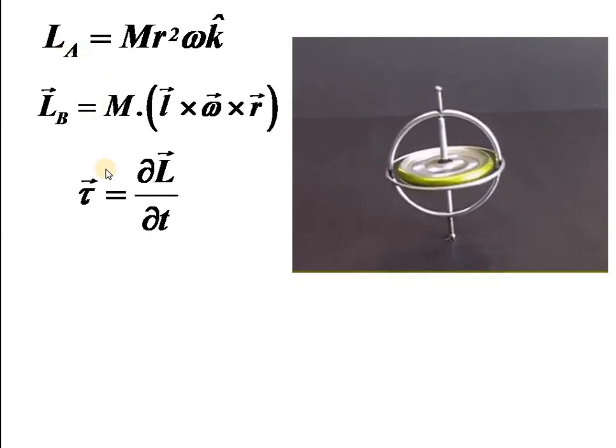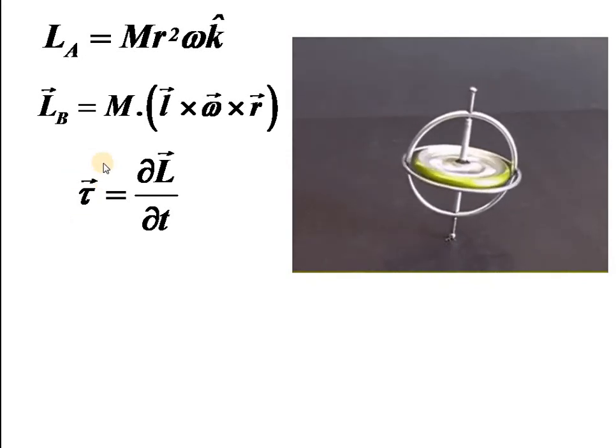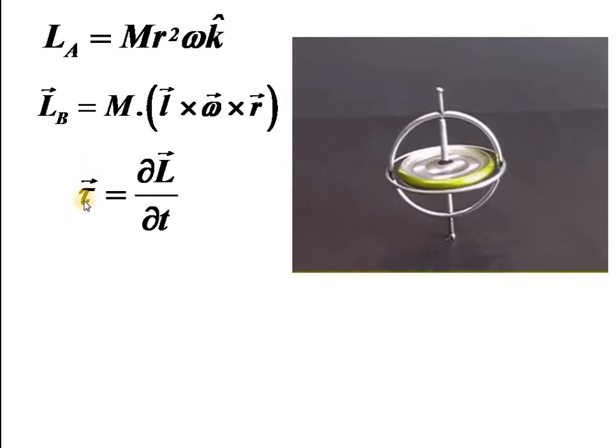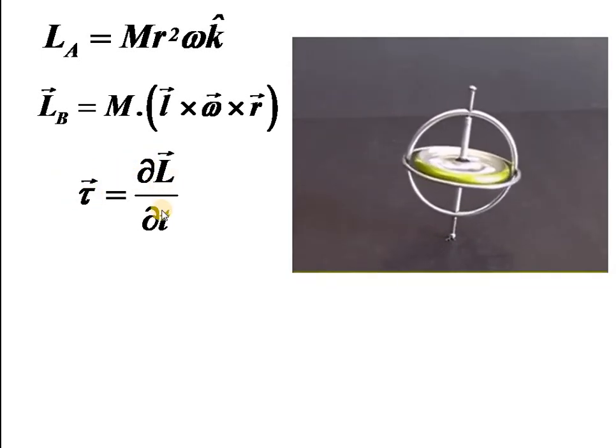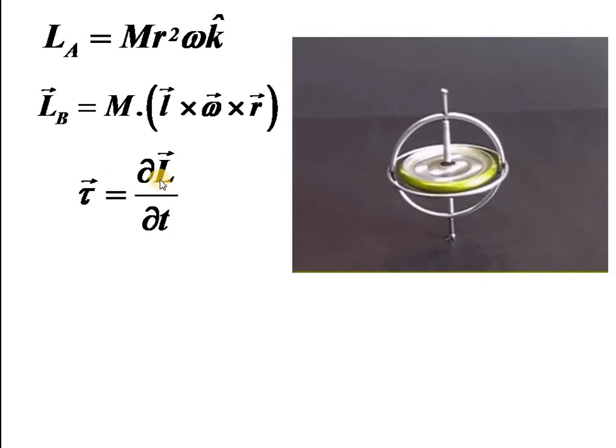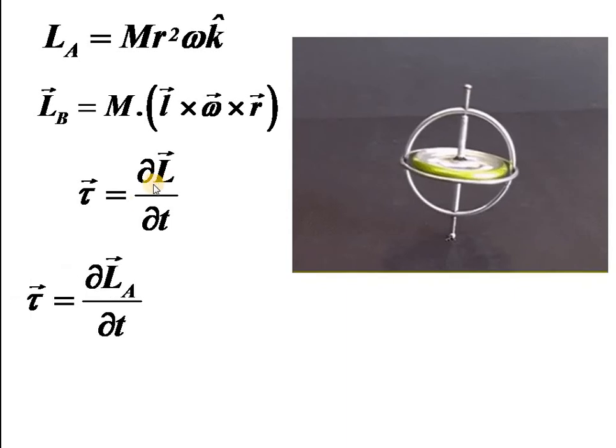The physics of that is like this. We can explain it like this: the torque tau acting on a system due to its angular momentum is given by dL by dt, the differential of angular momentum with respect to time. So in our case, first take LA.